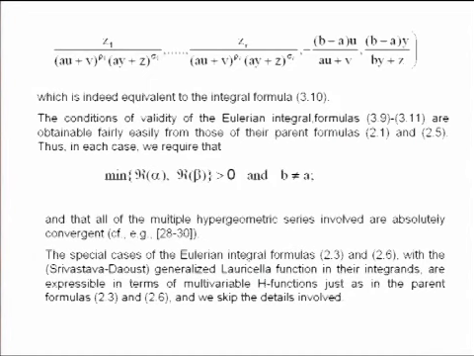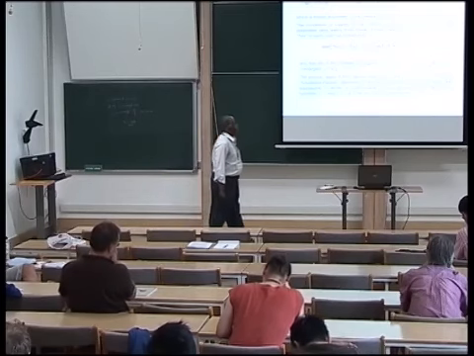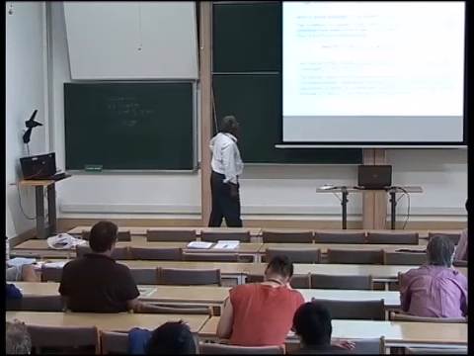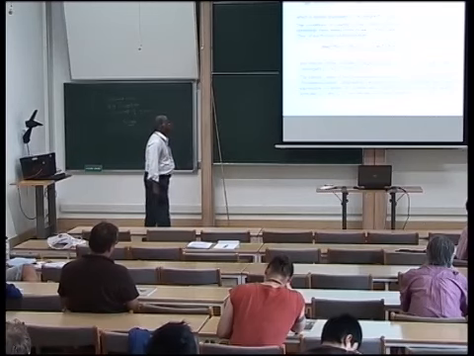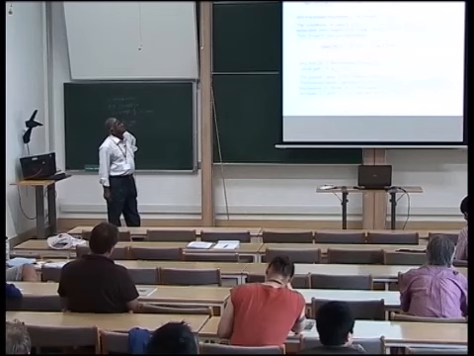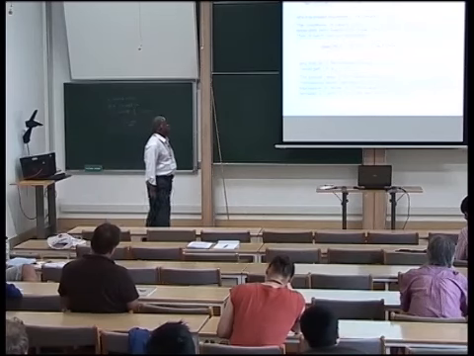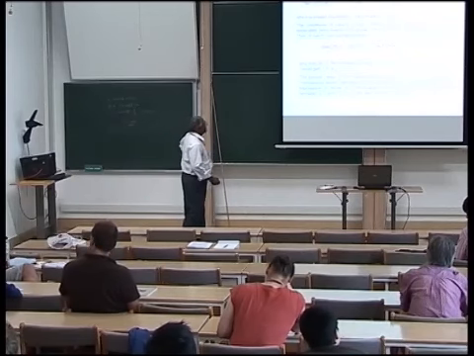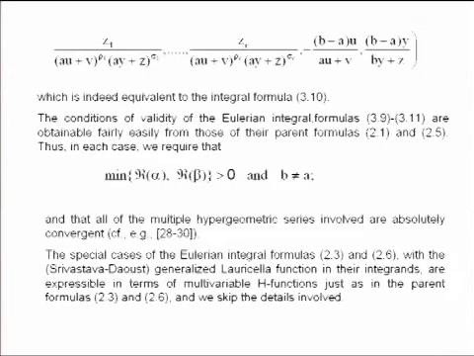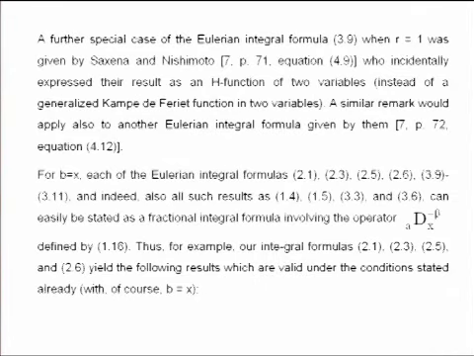The special cases are for the Eulerian integrals of my theorems 2.3 and 2.6 with the Srivastava and Daoust 1984 generalized Lauricella function in their integral, and are also derived as special cases of this.